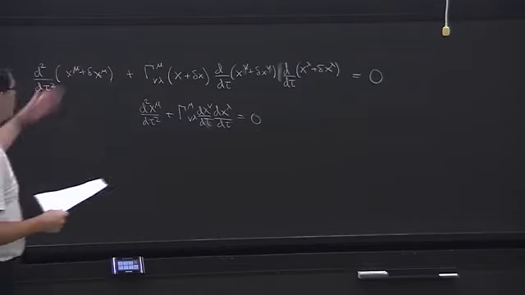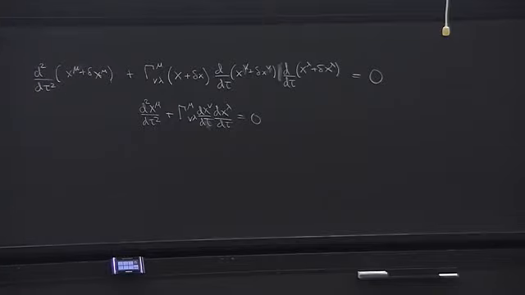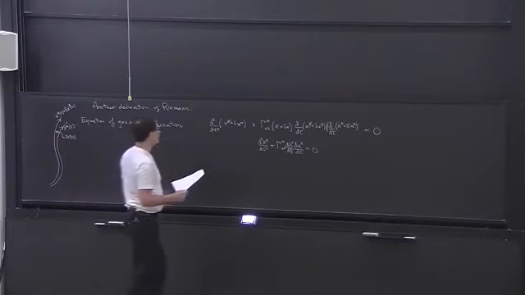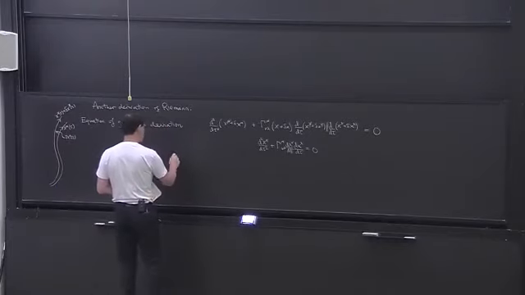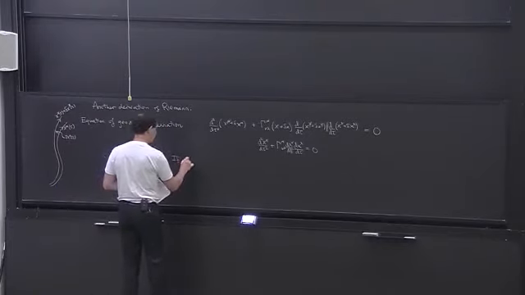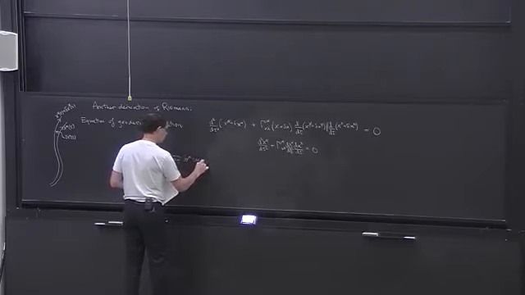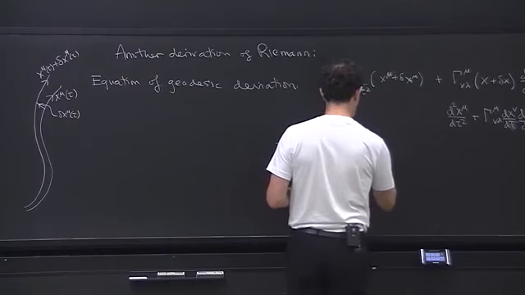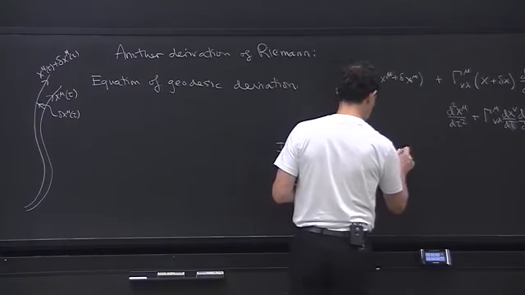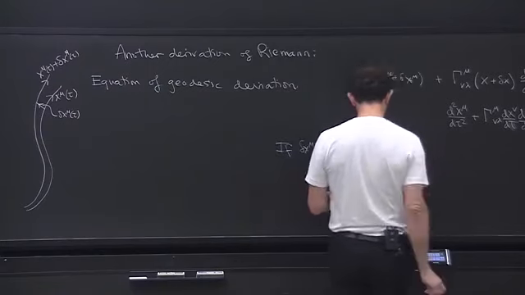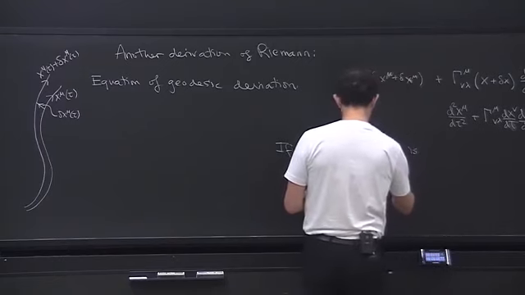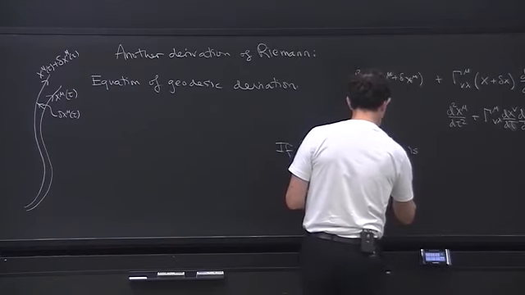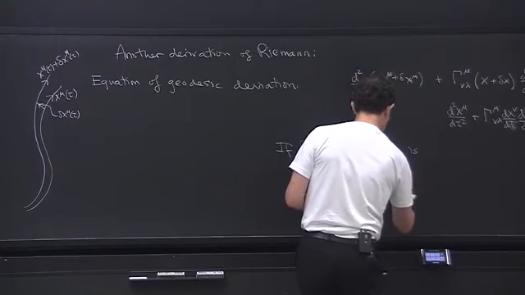and the obvious thing is to take the difference between them and keep terms linear in delta x. Okay, so if delta x mu is small, then the difference between these two equations is this equation, which is d2 delta x mu d tau squared.